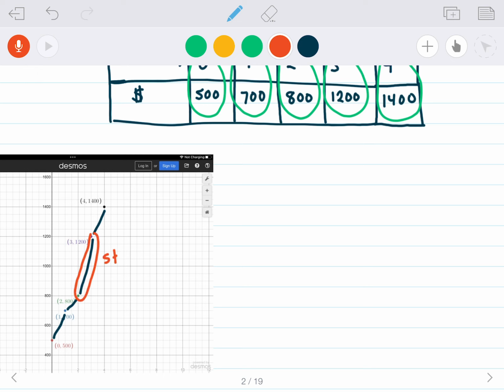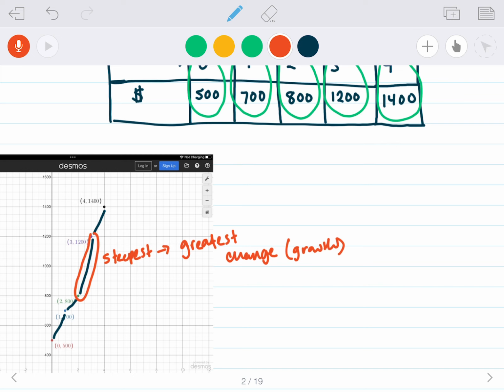This is the steepest. And this line segment being the steepest means that the change that's happening is the greatest. This is the greatest increase, the greatest growth. So the greatest change is where the steepest line segment is.